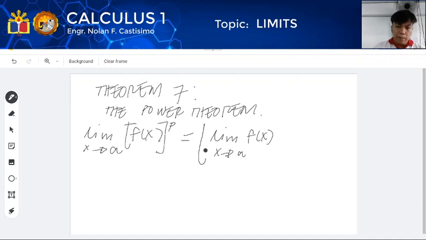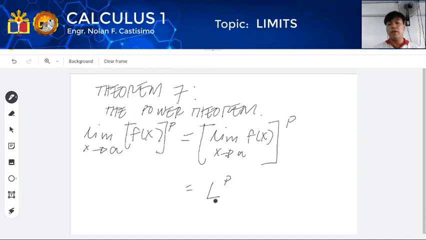Then, ipapower natin yan. Or exponent. Yan. Sinimplify natin para maintindihan. Equals, so, itong limit of f of x as x approaches a, i-denote natin siya as letter L. And then, ilalagay na natin yung exponent, which is yung p.